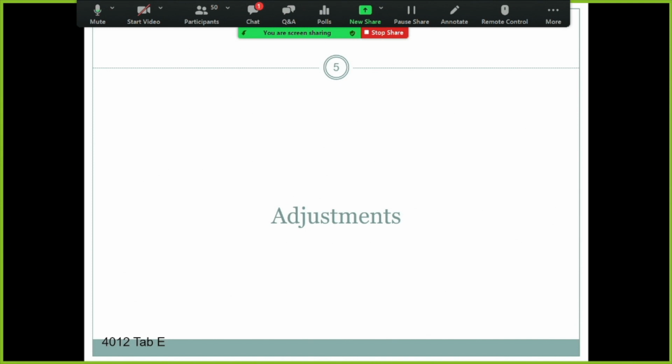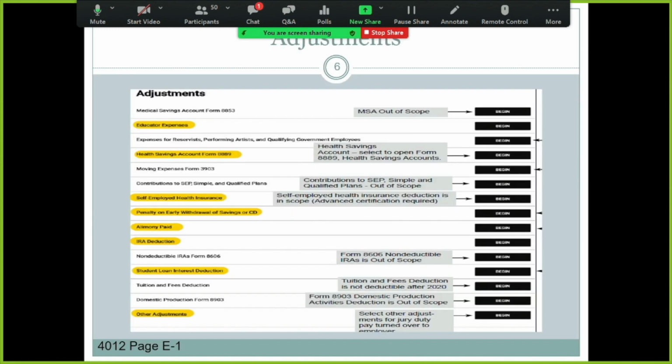This next slide shows you the typical adjustments that we see at the VITA sites. The first one is the educator expense, and we're going to talk about these in detail.